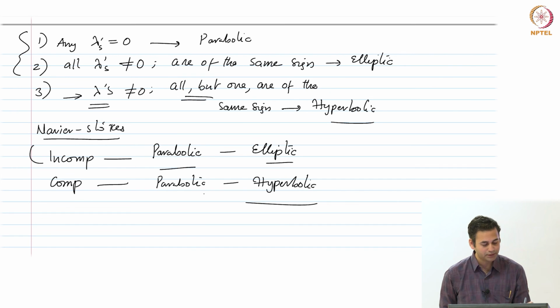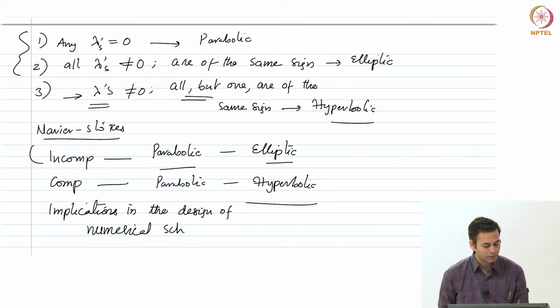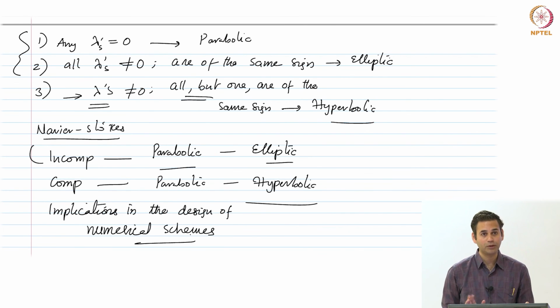So this has a lot of consequences in designing the numerical schemes for the solution of them, okay. So this has implications in the design of numerical schemes for solving these type of problems, okay.